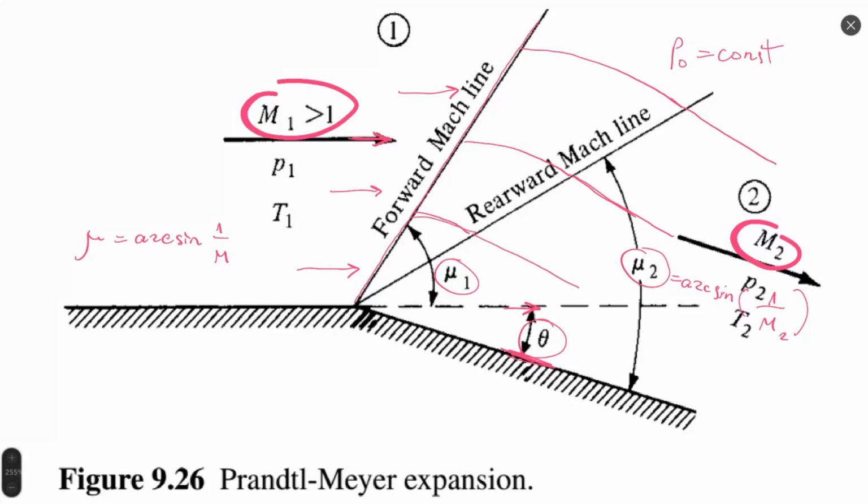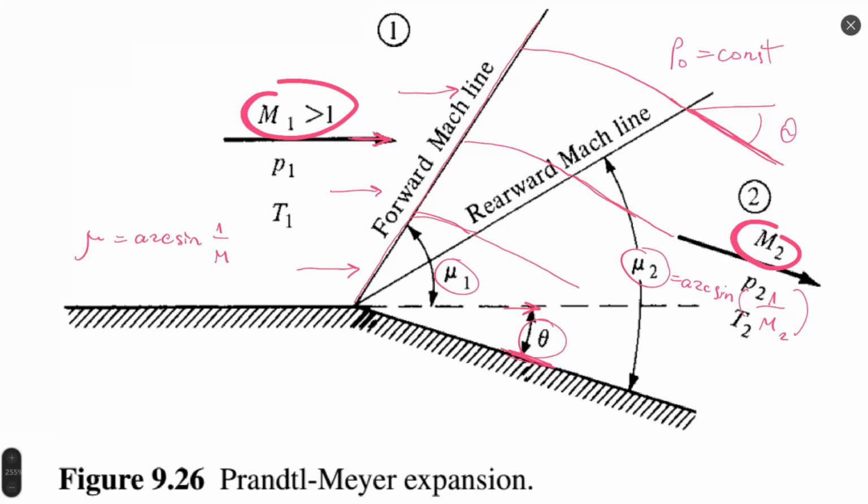As you remember, flow always follows in supersonic regime direction of the wall, so we always know which would be direction of this flow after changes or after expansion happens. It's also our theta angle.